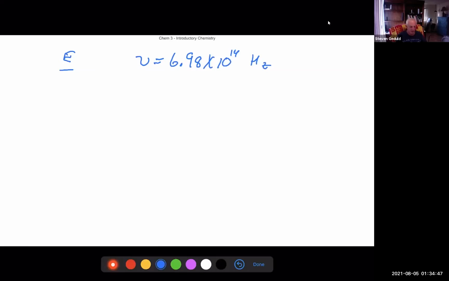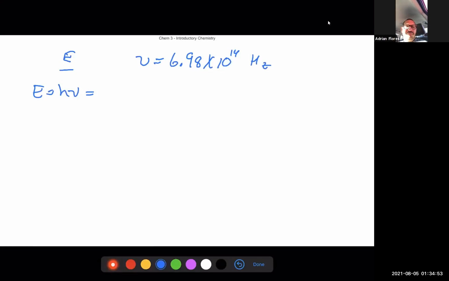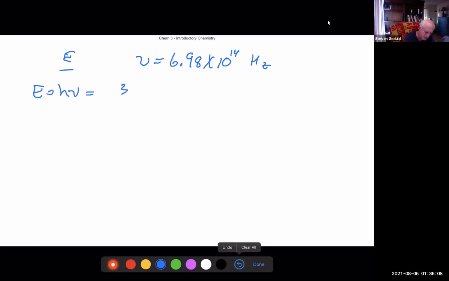So let's calculate. Remember, one of the formulas is energy equals h nu. So we're already in frequency with that. So plug our numbers in. H is Planck's constant, 6 point, what is that?